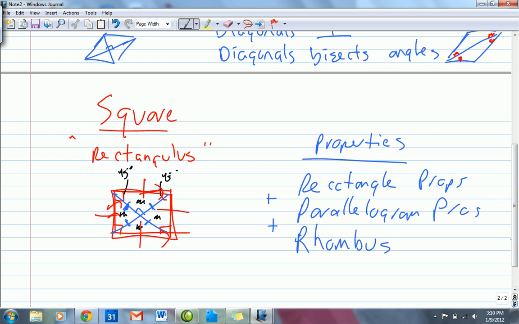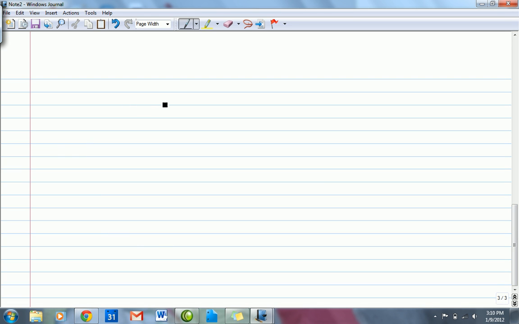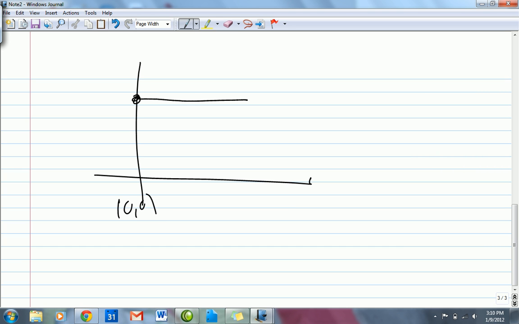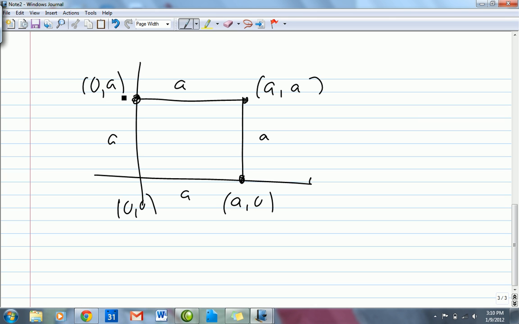Here's an interesting problem which I'll ask you to think about. We'll talk about this one in class tomorrow. So I'm going to set up a general square, and the lengths of the sides are going to be A. If that's the case, then this brings me to the point (A, 0). This has to be point (A, A). This is the point (0, A). A lot of A's.